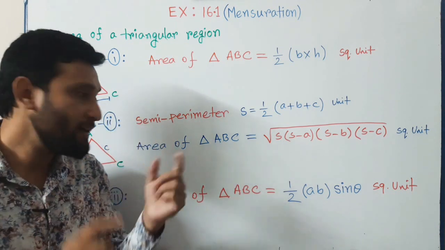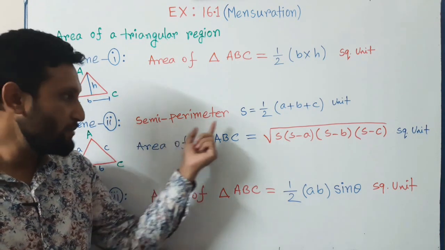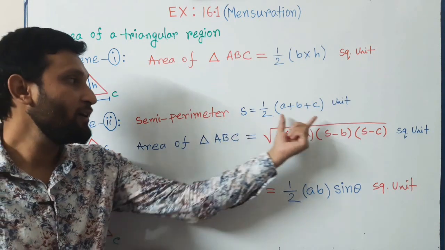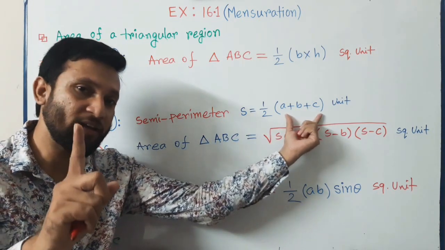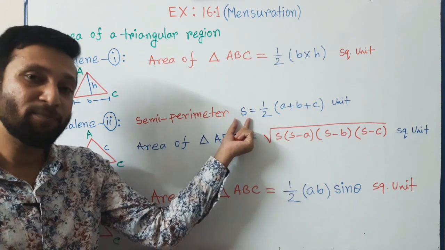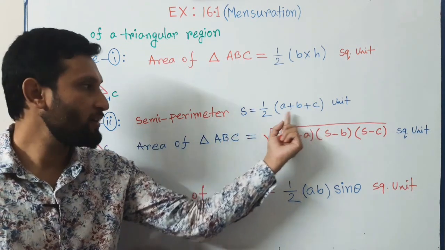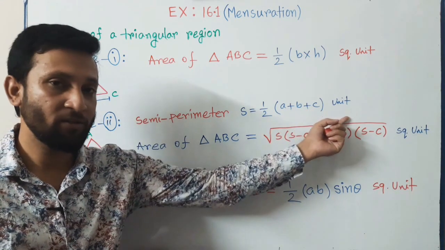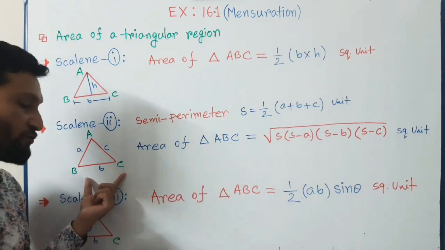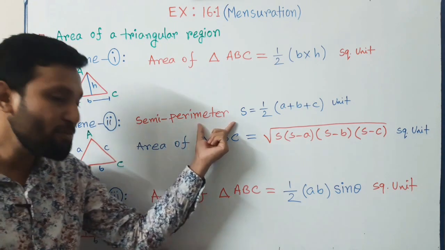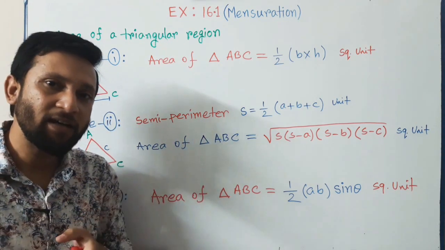Then we can find the semi perimeter. Semi perimeter equals half of the sum of the three side lengths of a triangle. So S, that means semi perimeter, equals half into the sum of the three side lengths, A plus B plus C units.